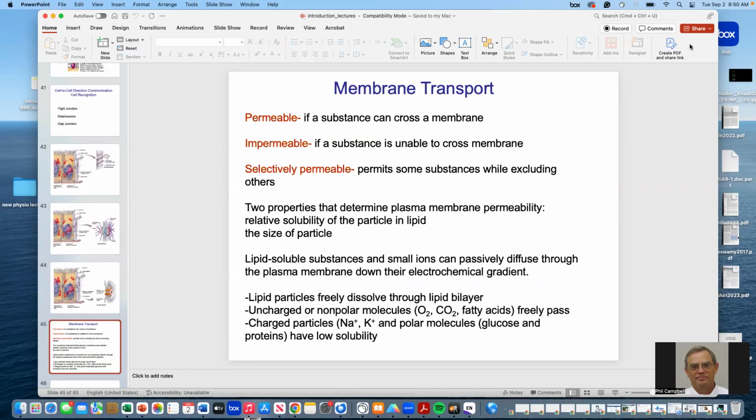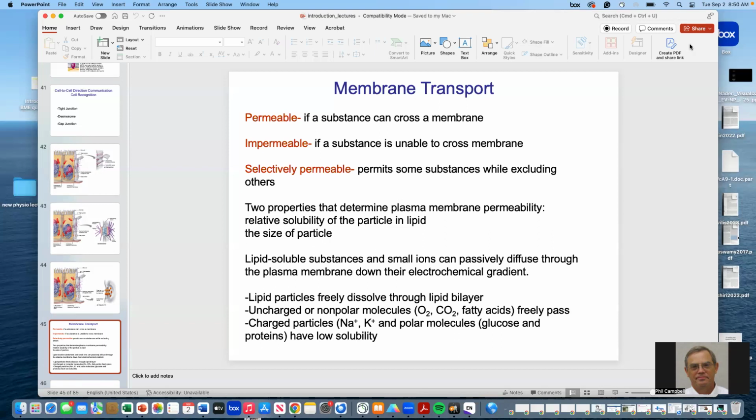All right, with that introduction, I've kind of alluded to this, but let's back up for a moment and talk about membrane transport. I've already said things have to go in and things have to leave the cell. That means they have to cross this plasma membrane. Certain things can be permeable, which means they can cross that membrane directly, fitting between those phospholipid bilayer molecules.